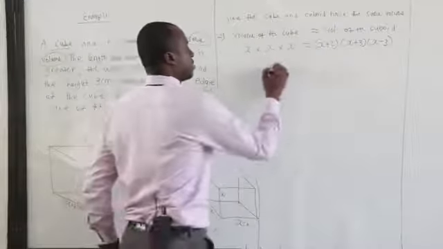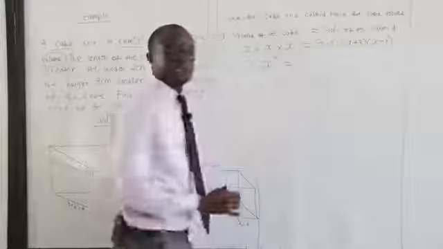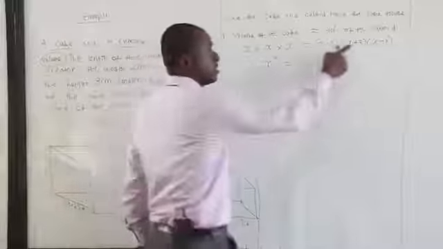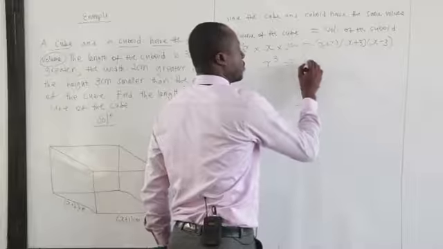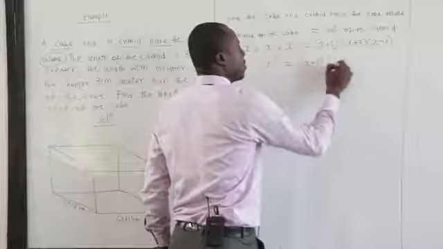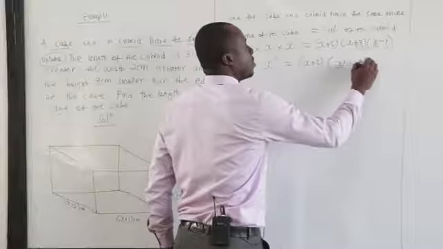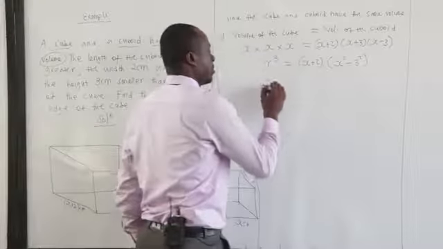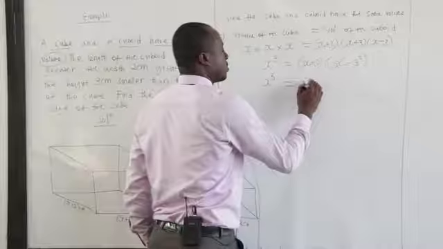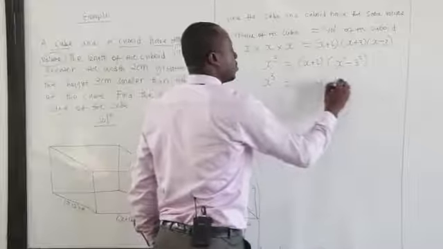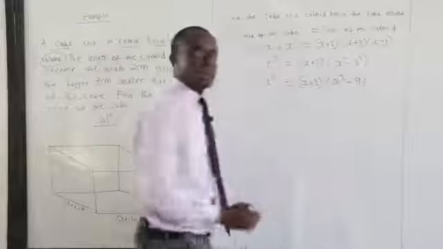That is x to the power 3. Looking at it carefully, x plus 3 times x minus 3 is difference of two squares. So you have x plus 2, and this will be what? x squared minus 3 squared, which is 9. So you have x to the power 3 equal to x plus 2, x squared minus 9.